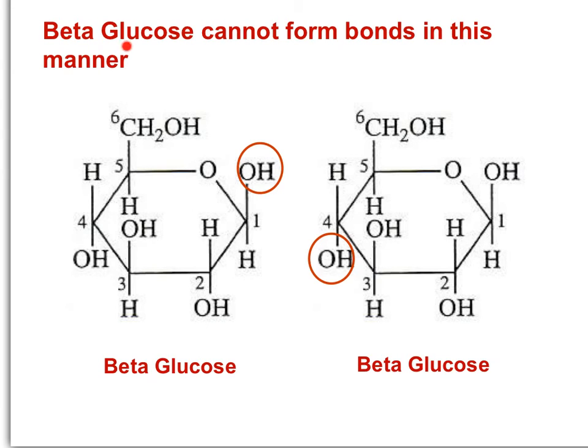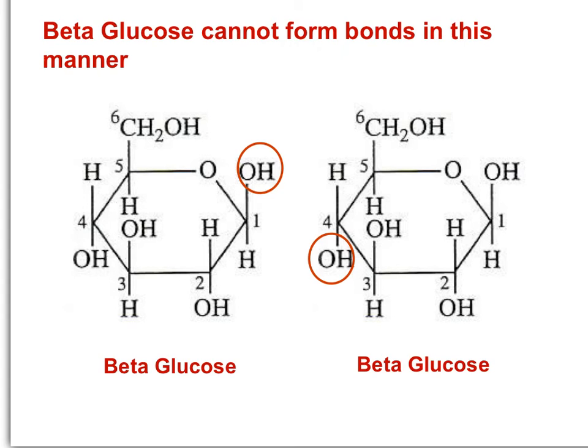If two beta-glucose monomers are to be joined in a condensation reaction and the two monomers are oriented as you see here, the positions of the two hydroxyl groups off the number 1 carbon of this monomer and off the number 4 carbon of this monomer do not lend themselves to easy water removal. As you can see here, the two hydroxyl groups are positioned awkwardly apart for the condensation reaction to occur.